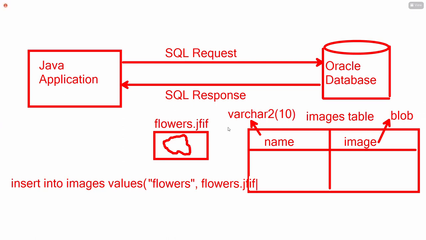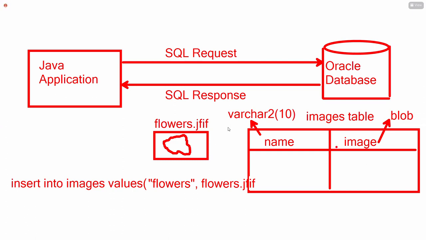If you write like this, what will be stored? Is the content going to be stored, or is the file name stored? The file name is stored. Then why blob? Varchar2 is enough, no? Blob is not required if you want to store a file name. Got the point? If you write the insert query like this, the image is not stored, only the file name is stored.